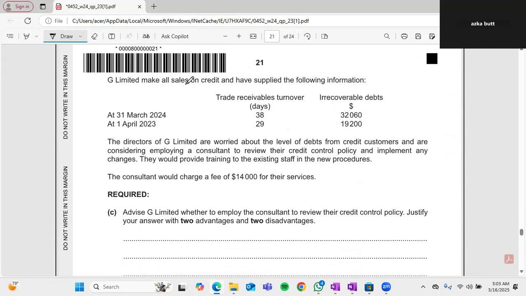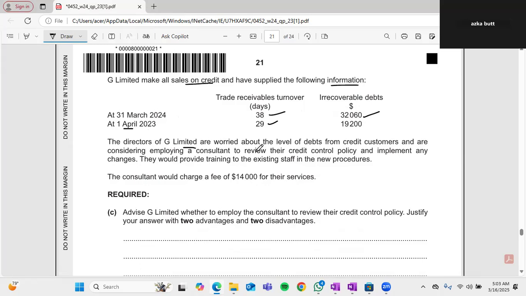G Limited makes all sales on credit and has supplied the following information. At 31st March 2024, the trade receivable turnover was 38 days, and irrecoverable debts were 32,060. At 1st April 2023, the trade receivable turnover was 29 days, and irrecoverable debts were 19,200.